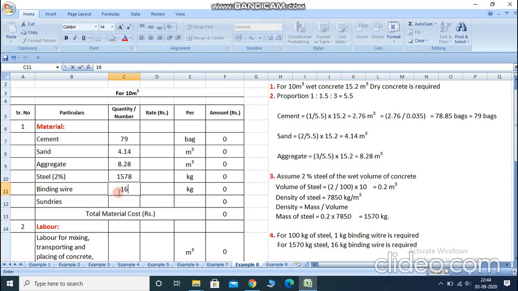In the textbook, rates of different materials are given, so we take the rate as per the book: 280 per bag of cement, 800 per meter cube sand, 1000 per meter cube aggregate, steel 45 rupees, binding wire 50 rupees per kg, and extra cost 50 rupees.